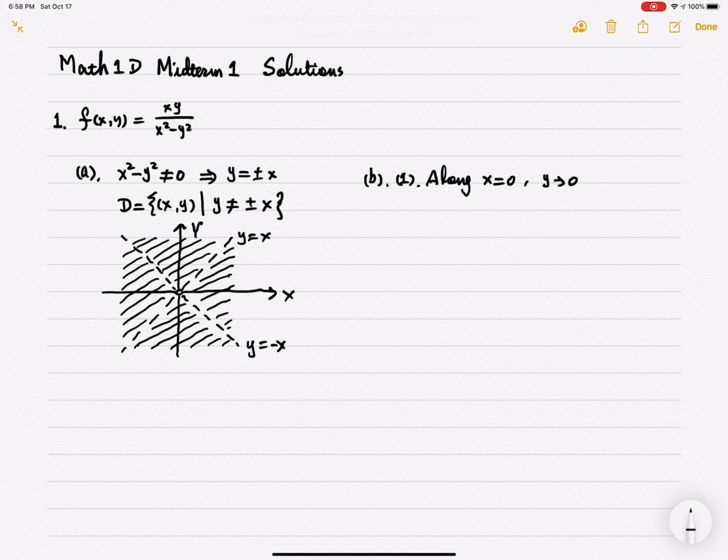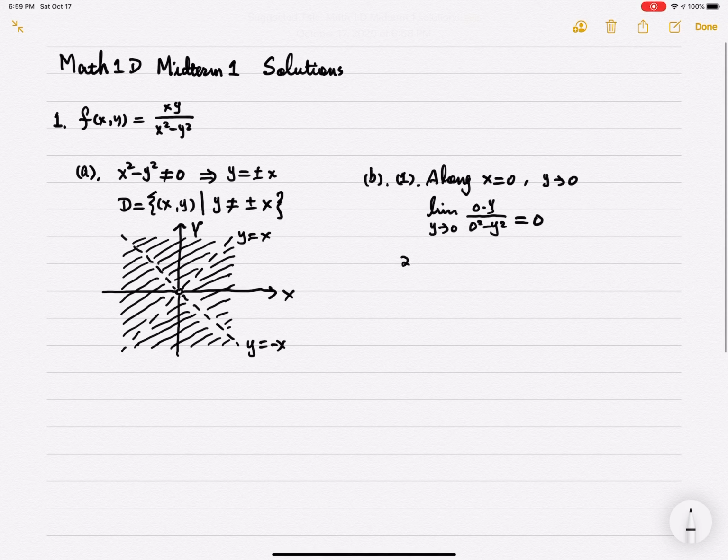So this is on the y-axis. Points on the y-axis are in the domain. So here the limit, we let y go to 0, and then here is 0 times y over 0 squared minus y squared. The numerator equals 0, so this is equal to 0.